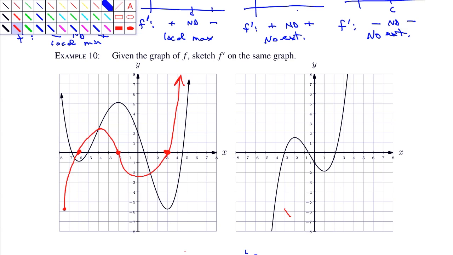Questions? How'd your graphs come out? Good? Good? Yeah. All right. Any questions over these?